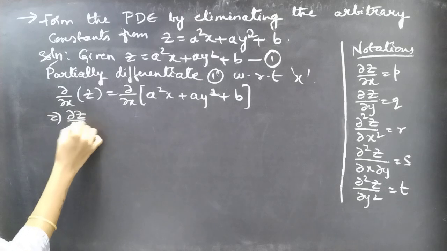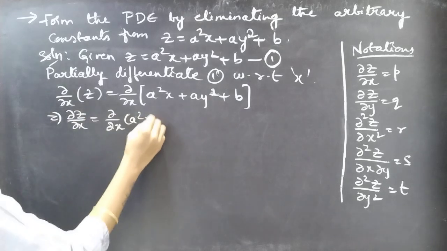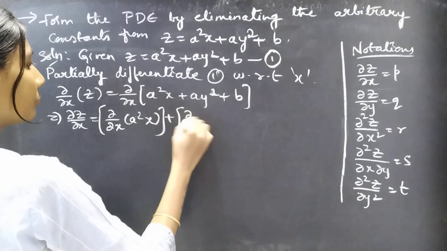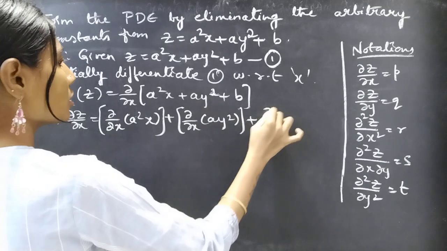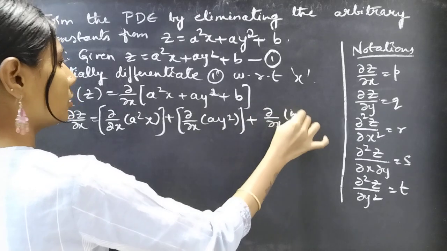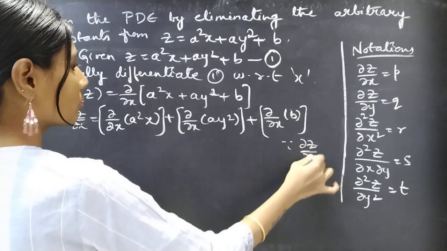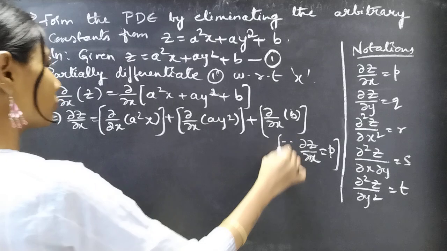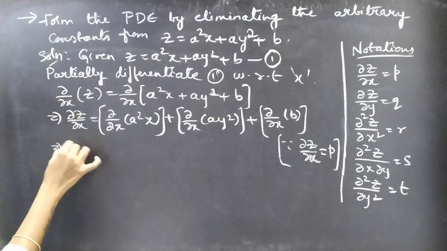This gives us dou z by dou x equal to the partial derivative of the first term plus the partial derivative of the second term plus the partial derivative of the third term. Since dou z by dou x equals p, we'll replace the LHS part by p.